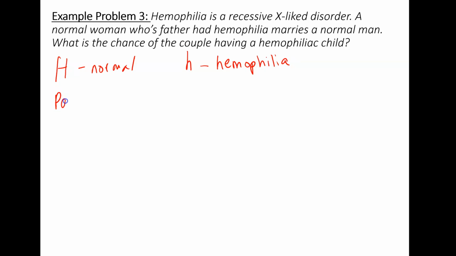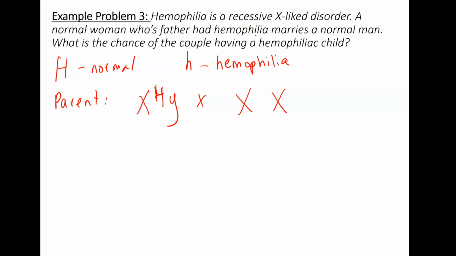Okay, and we're going to write down what the parents are. A normal woman whose father had hemophilia marries a normal man. So let's just write down what the man is, because we know normal means big H. And the female, we know she's going to be big H little h, because her father had hemophilia.